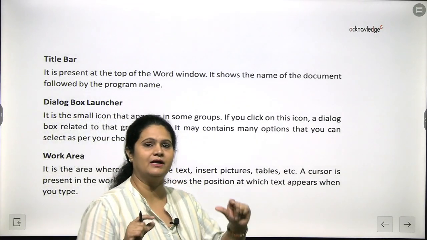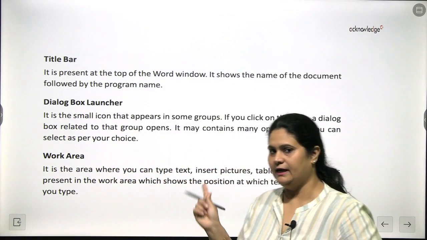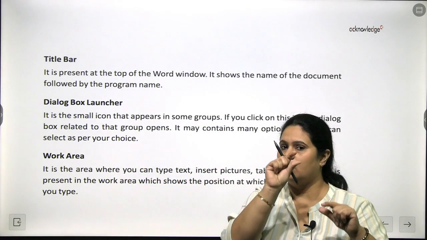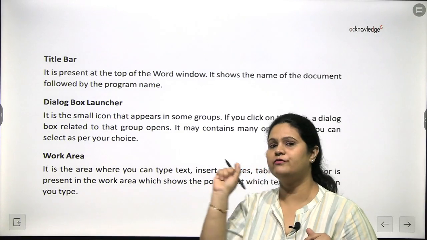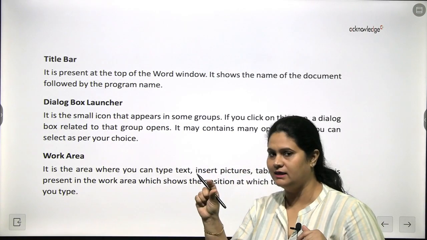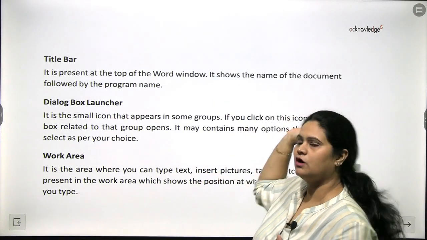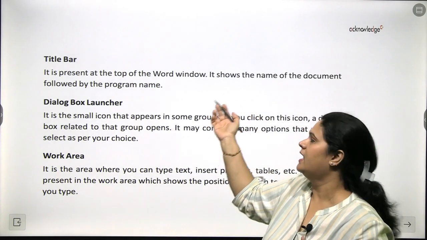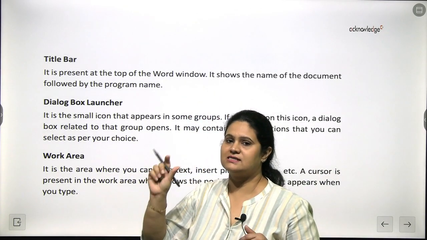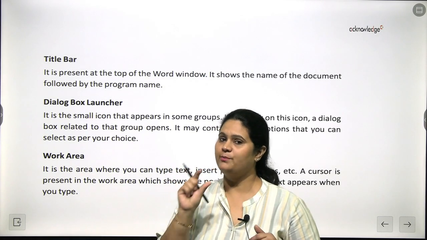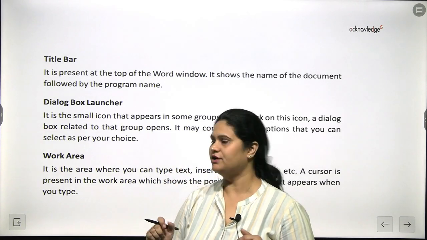So, for example, in that project we saw, it was written Document 1 - Word. So, Document 1 is the name of the document that you're working on and Word is the name of the program being used. Right, children?